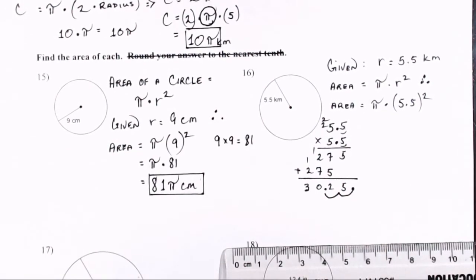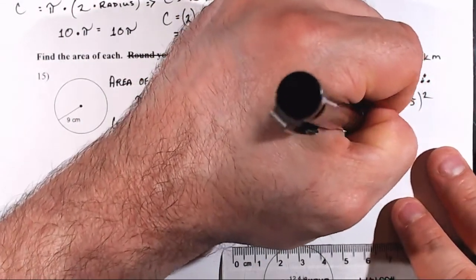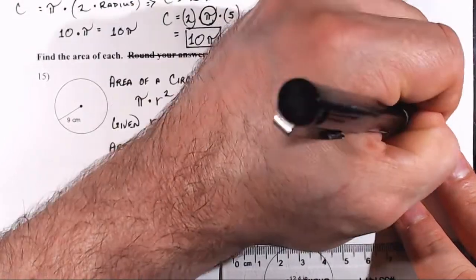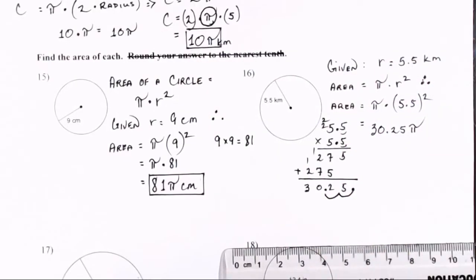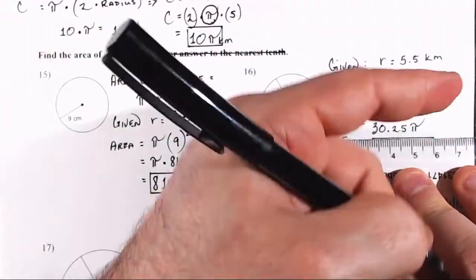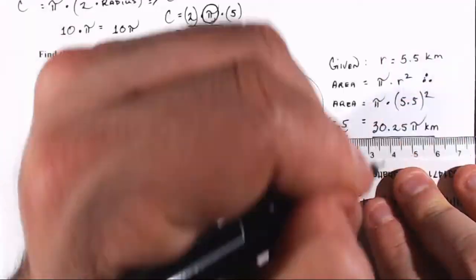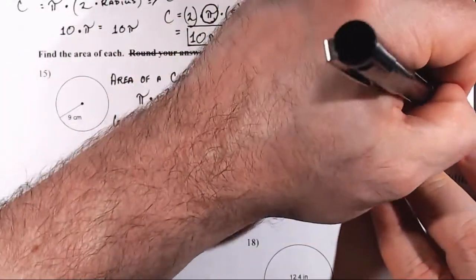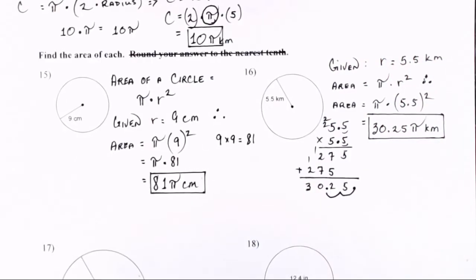There, 30.25. So the area is equal to 30.25 times pi. And again, we are not going to approximate pi, so we just leave it like it is.